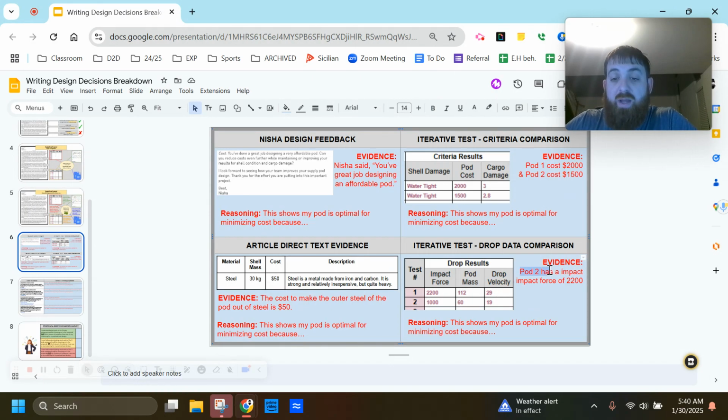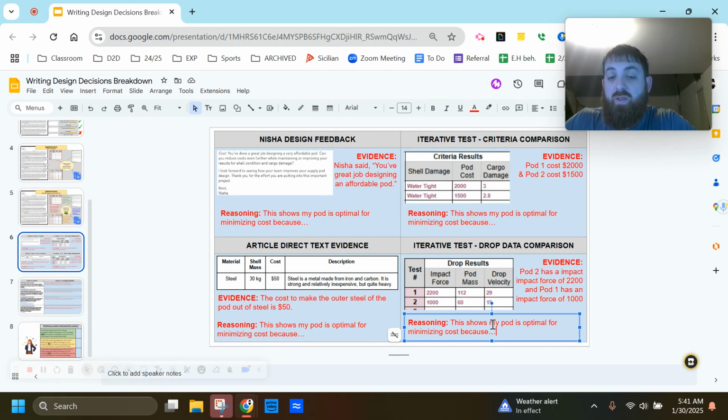So here I can say pod 2 has an impact force of 1,000 and pod 1 has an impact force of 2,200. Okay. And what we're looking at here is comparing those two and saying, okay, well, how does that help show that my pod was best for minimizing cost?